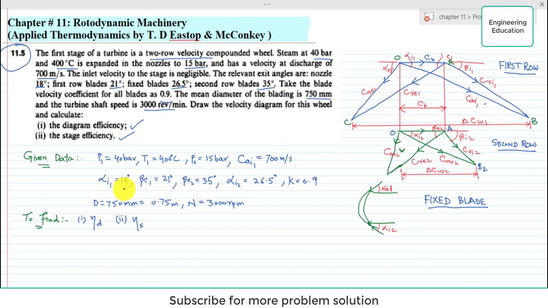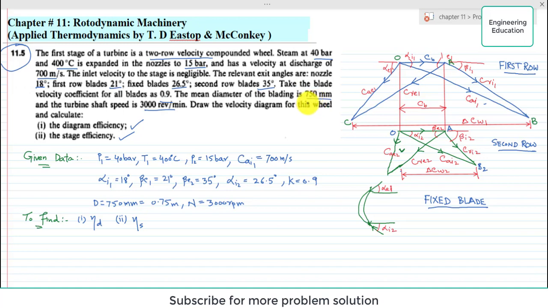The nozzle angle is 18 degree. Blade angle for the first row is 21 degree. Blade angle for the second row is 35 degree, that is beta E2, and for the second stage the inlet nozzle angle is 26.5 degree.